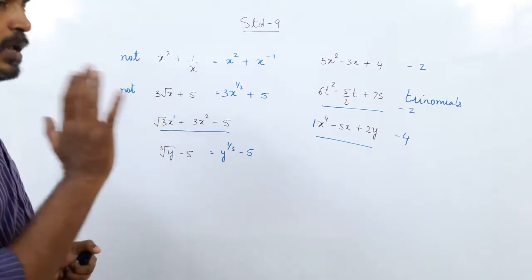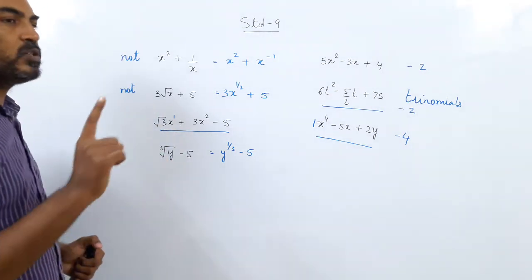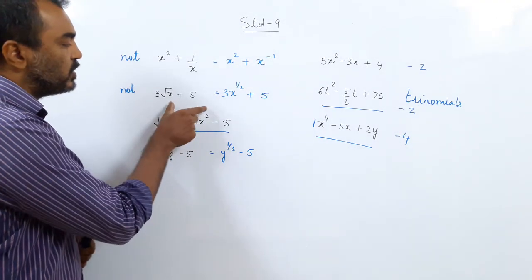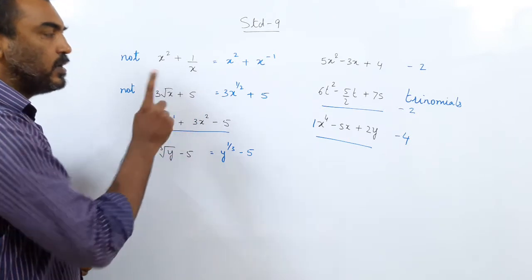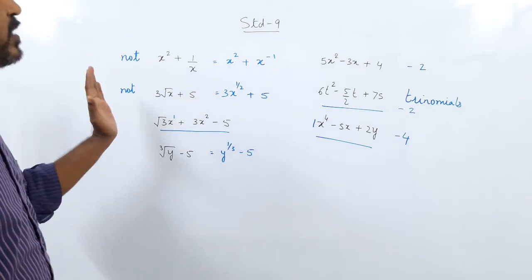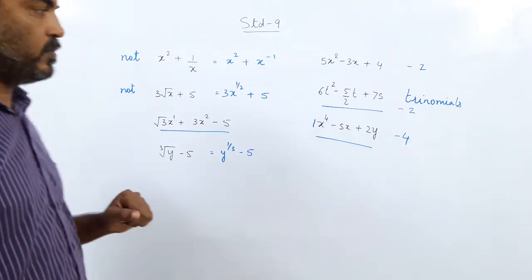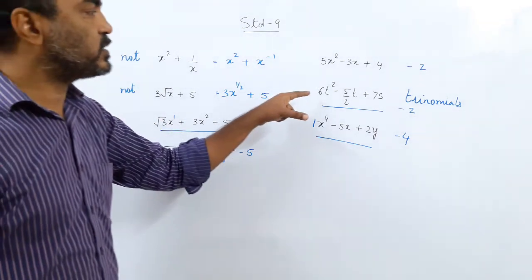So what you have to do, take your time and understand what is a polynomial, what is not a polynomial. Again, when the variable has only a positive integer as the power, it is a polynomial, otherwise it is not. Then see which are in single variable, means only in one variable, or more than one variable. The next part will be to know the degree. What is degree? The highest power.